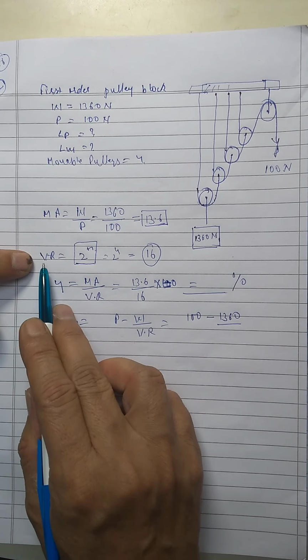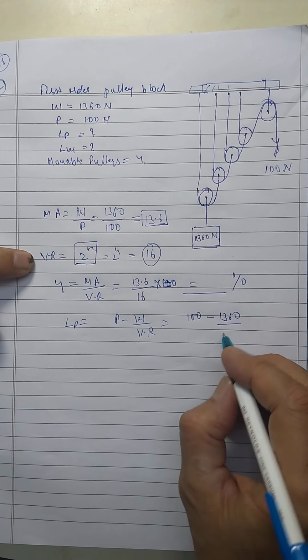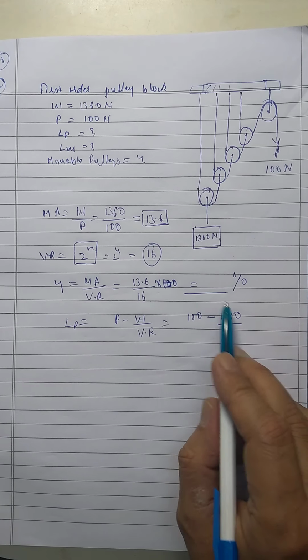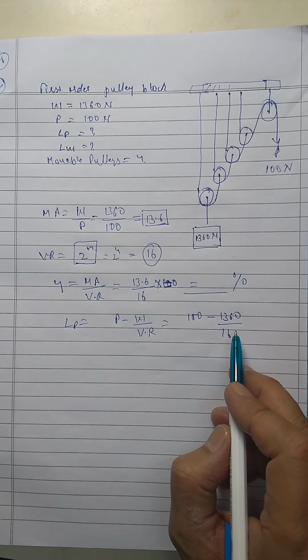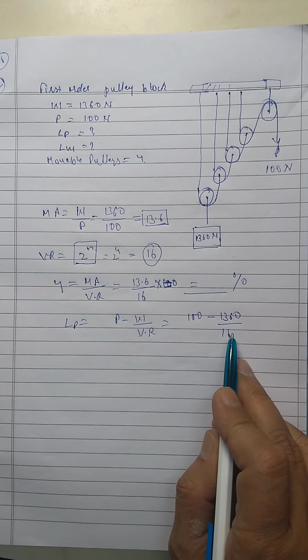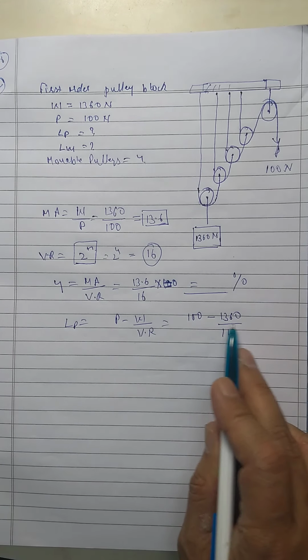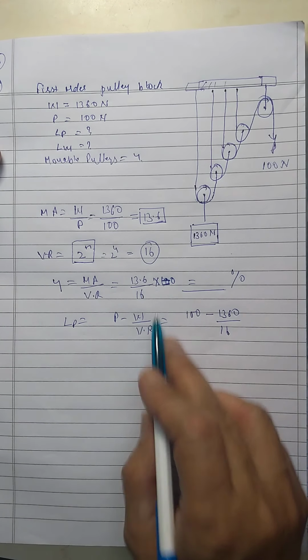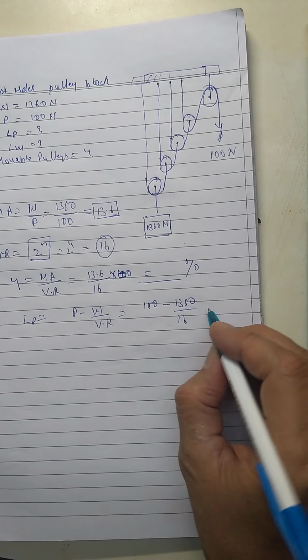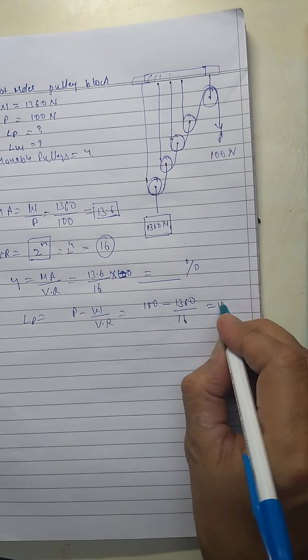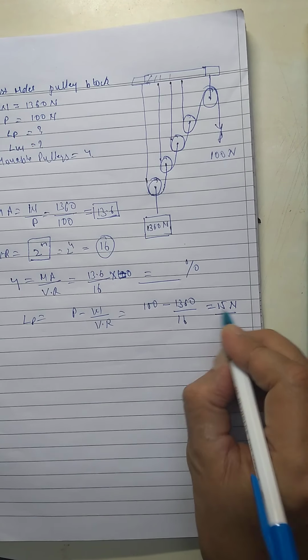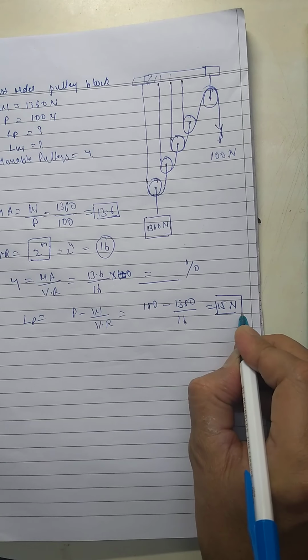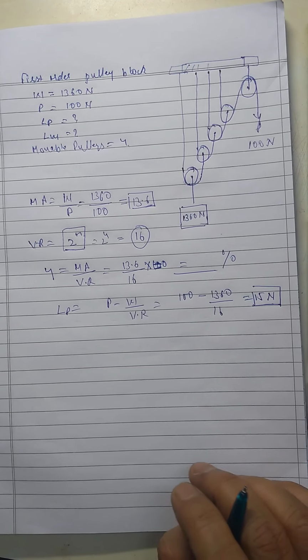VR, as we have calculated, VR is equal to 16. So we have put all the values for LP. Now for getting the answer, if we calculate all this, the whole values, then the answer comes to be 15 Newton. So this is LP.